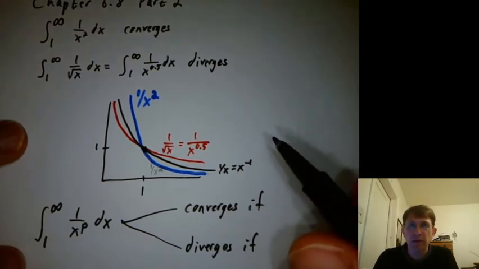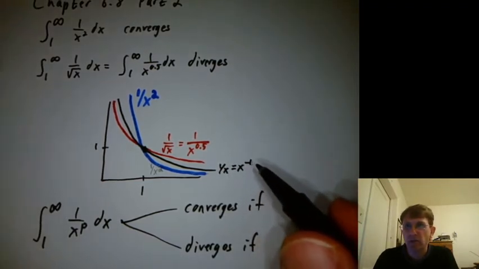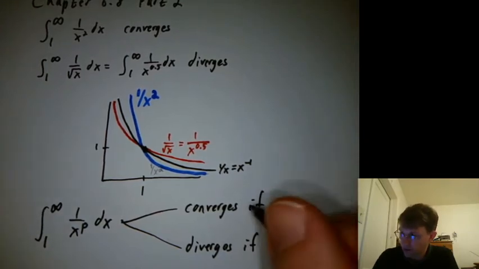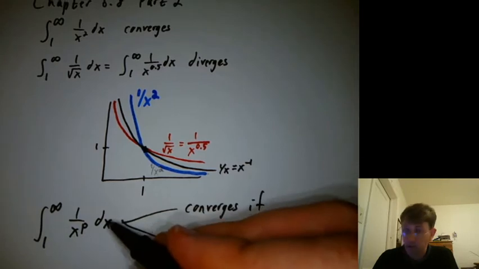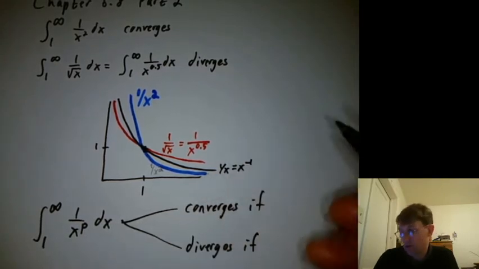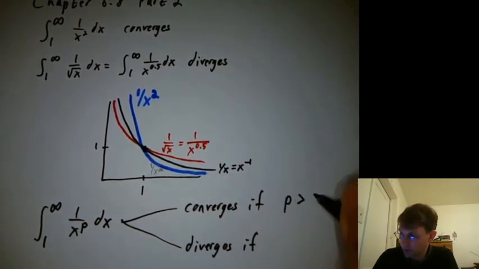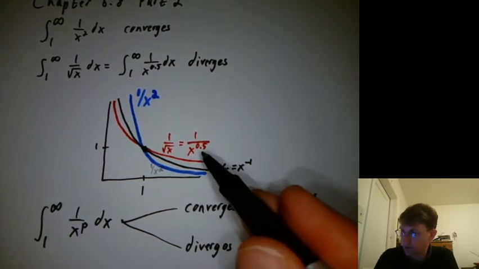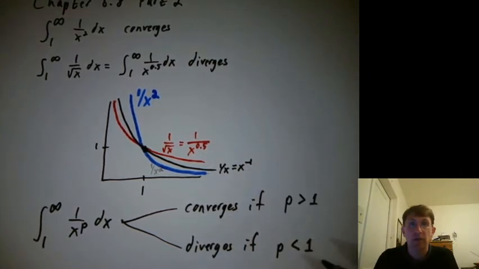We don't have a lot of evidence here, but x equals 1 seems like it would be important, so we'll temporarily say that this converges, like when p equals 2, this integral converged. So we'll say it converges if p is greater than 1 and diverges if p is less than 1, like 0.5.